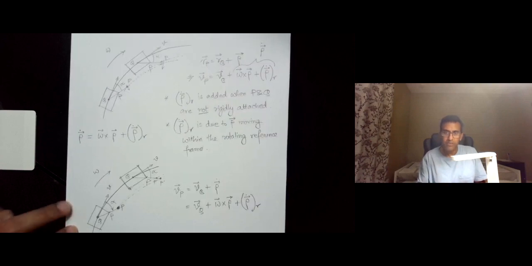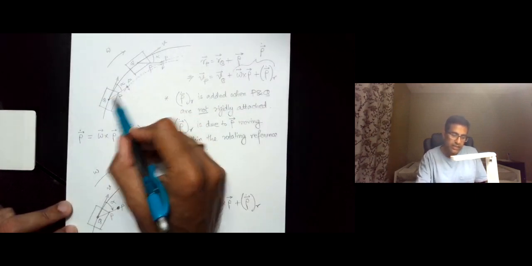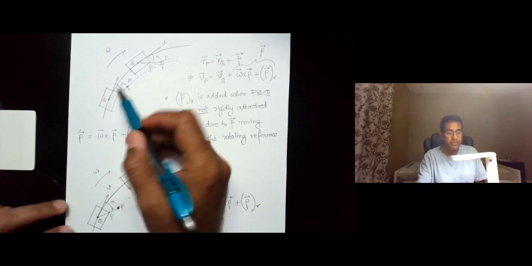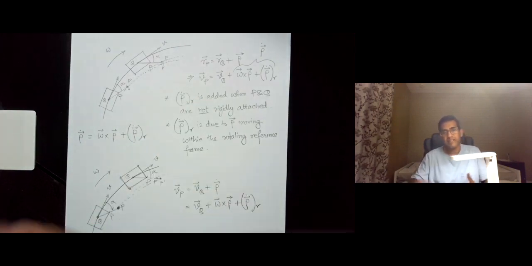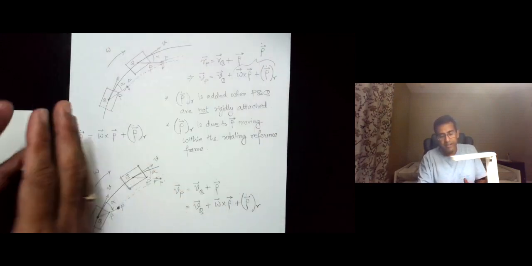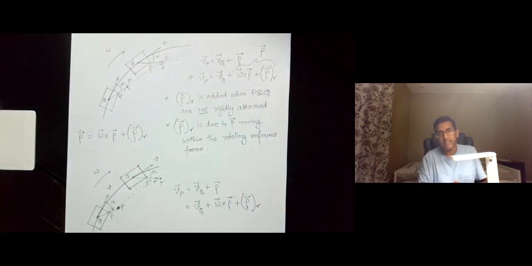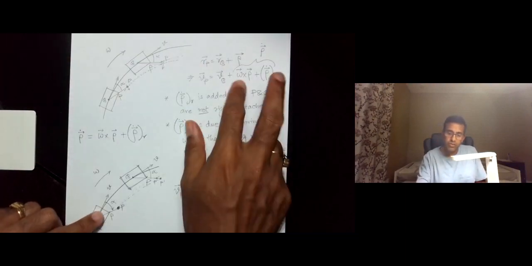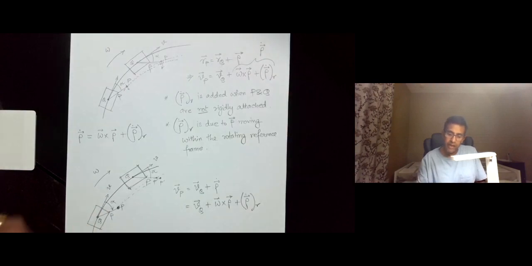So in this case, as you can see, and in this case as well, this vector rho, which is the relative position of P with respect to Q, is a vector that is turning, okay, because of the fact that the reference frame itself is turning, and on top of that it has some extra motion. So those two have to be incorporated, and that's where we get this three-term velocity expression.